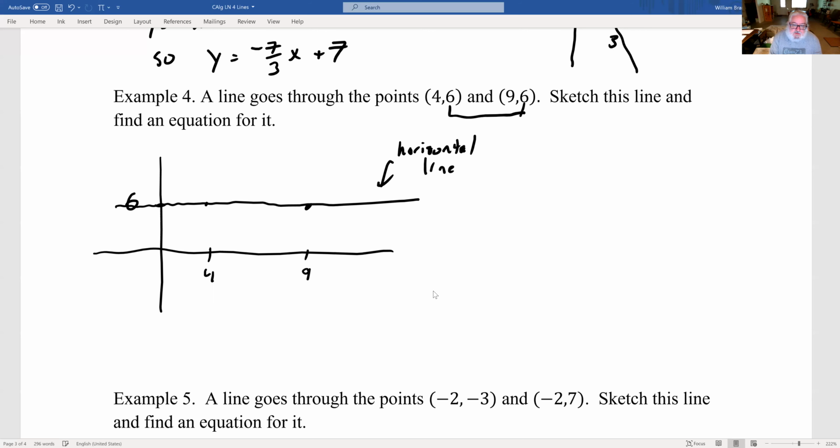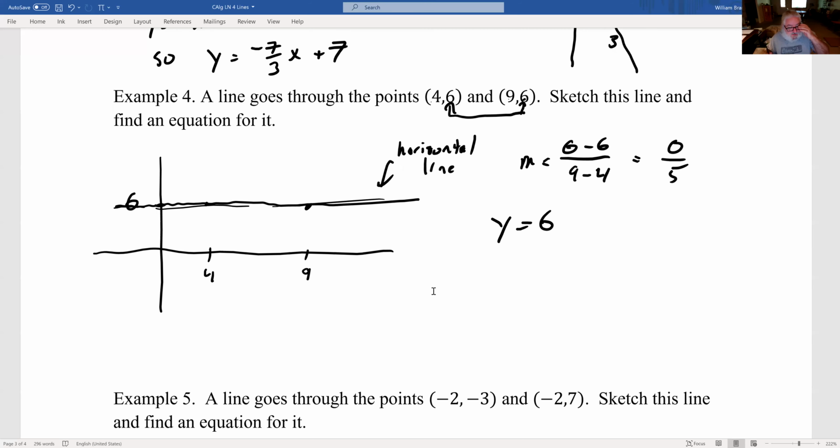Same y values. So what does that make the slope? 6 minus 6 over 9 minus 4, which equals 0 over 5. So the slope is 0, so the equation is just y equals 6.